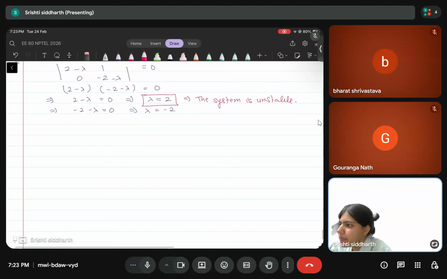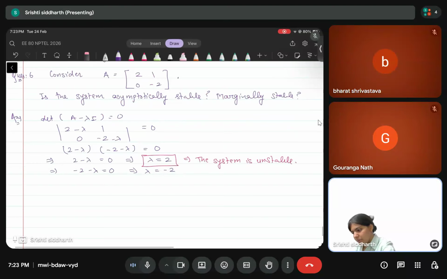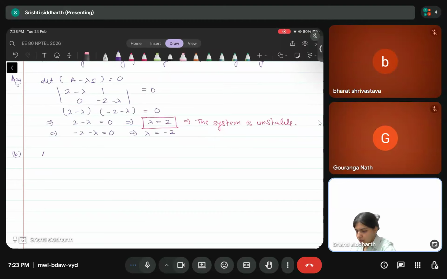Okay. So this is part A, and part B is a third order system. So this is 0, 1, 0, 0, 0, 0, 0, 0, minus 2.